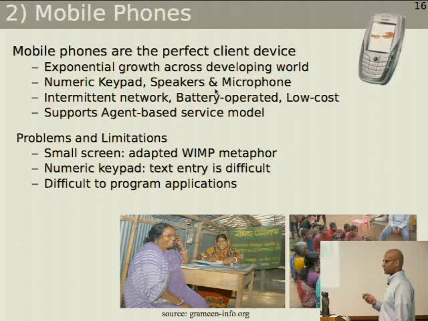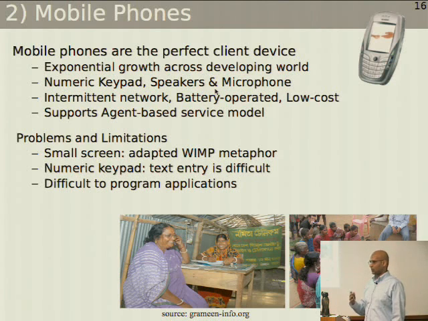So first of all, they had a numeric keypad, which was immediately recognizable to billions of people. They have speakers and a microphone that automatically supports audio-based interaction. They have a battery that typically will last a couple of days, so you can use it in areas of intermittent power. And some of them even have local storage, so that you can cache some data on them. And that means you don't need to always have connectivity. You don't need to always have an online active connection.